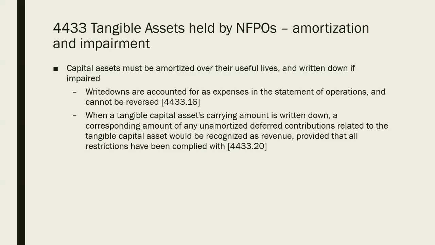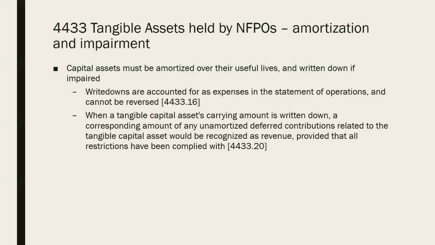When a tangible capital asset's carrying amount is written down, a corresponding amount of any unamortized deferred contributions that's related to that same tangible capital asset will be recognized as revenue, provided all restrictions have been complied with.